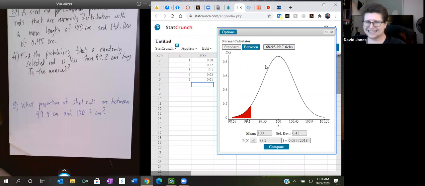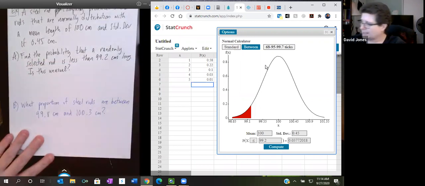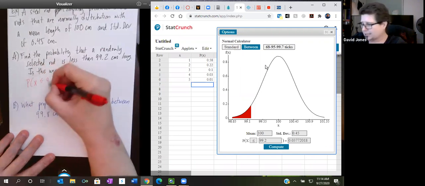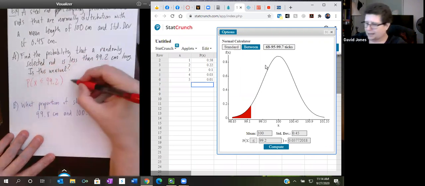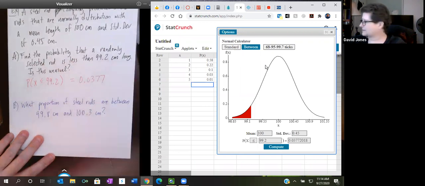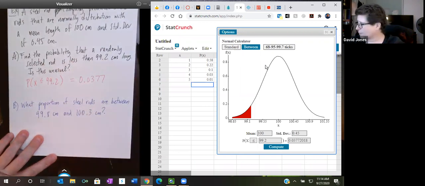So we want less than: probability that X is less than or equal to 99.2, and it spits out 0.0377, to 4 decimal places.